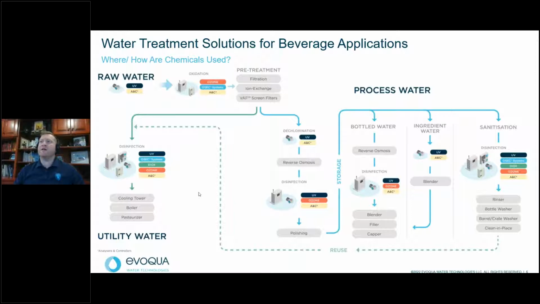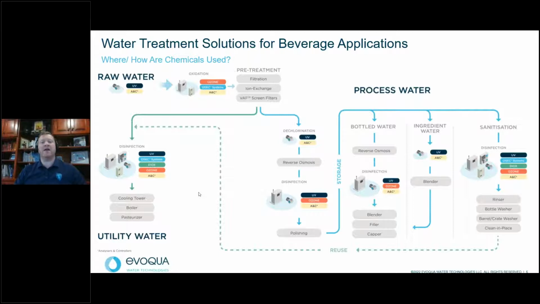Again, this is a nice view to really start to help you think and understand where the different applications are, and as asked in that previous poll, you may be using one chemical in one location and a different type of chemical or different type of disinfection altogether in a different area of the facility. Because again, this may differ a fair amount from plant to plant, but the concept really is there in terms of where the different methods of disinfection can be used.